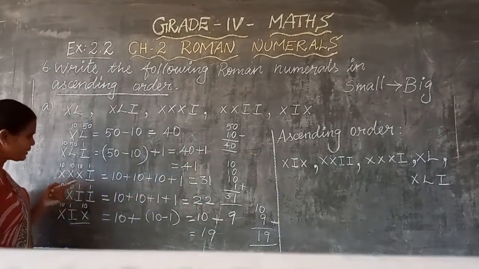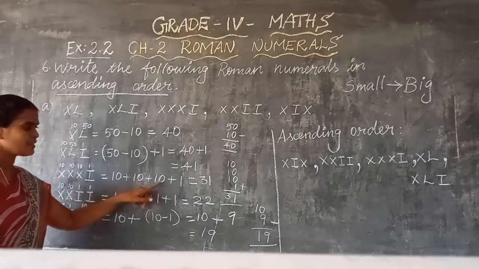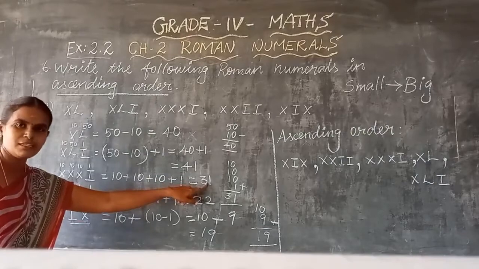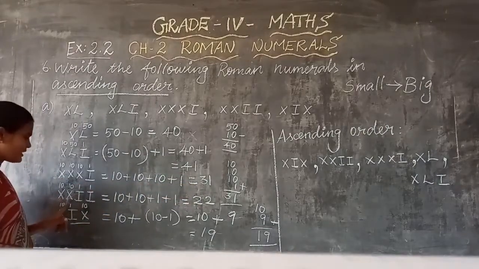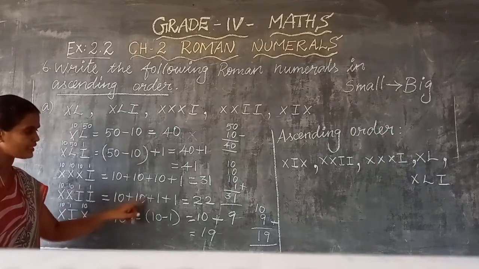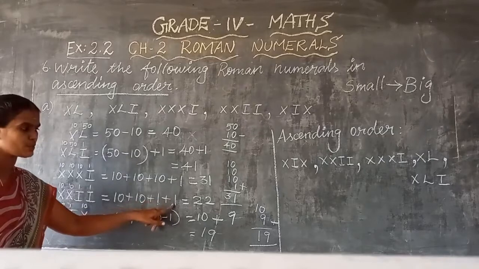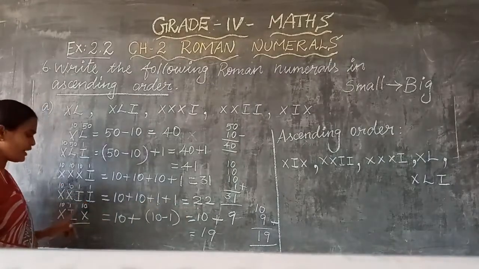XXXI. Repeated. Repeated means addition. So 10 plus 10 plus 10 plus 1 equal to we get answer 31. Here also repeated. X, 10, 10. I, 1, 1. 10 plus 10, 20. 20 plus 1, 21. 21 plus 1, 22. Here XIX, 10, 1, 10.